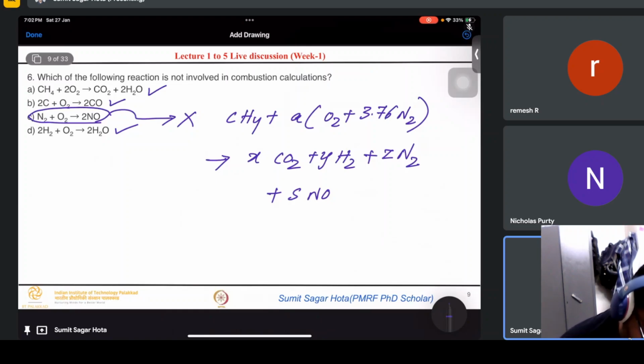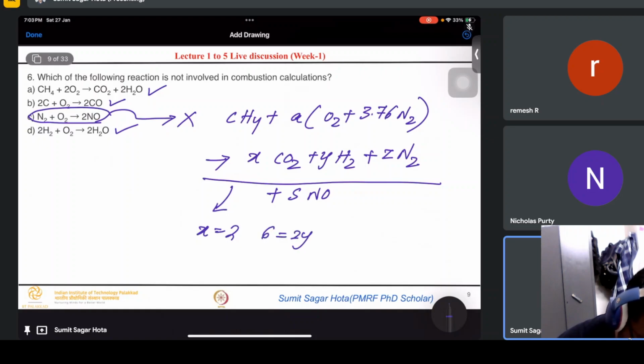Whenever you directly do this calculation, don't consider NO, and if you calculate all these values, you can get X as 2, 6 equal to 2y, then y is equal to 3, and a is equal to x plus y by 2, which is 5.